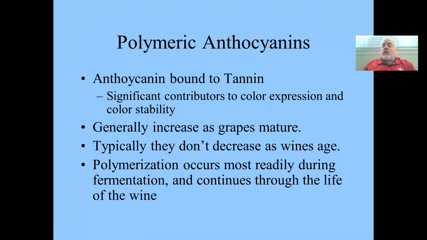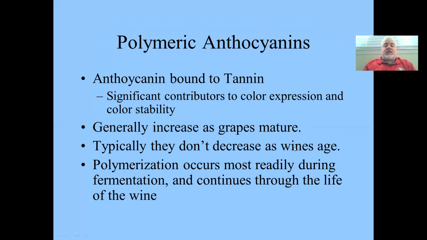Even if the grapes will grow just fine, the anthocyanin concentrations might be better for the type of wine you're trying to make, or the wine grape you're trying to grow, in one appellation versus another. Polymeric anthocyanins, where you have anthocyanins bound to tannin, significantly contribute to color and color stability.